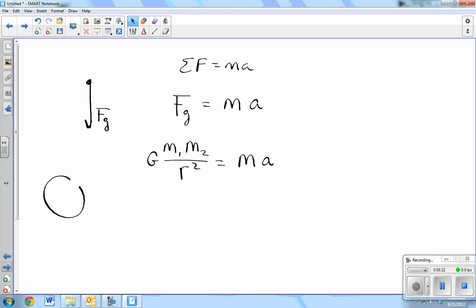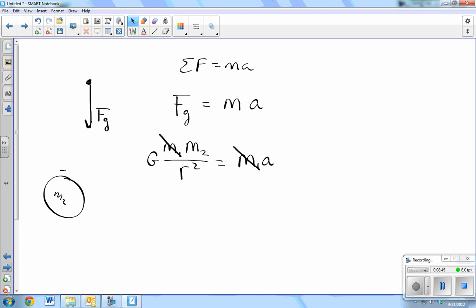Here's my planet. Here's my pen. m1, m2. The mass of the object doesn't make any difference. If I dropped an elephant, if I dropped a pen, they would still accelerate at the same rate.